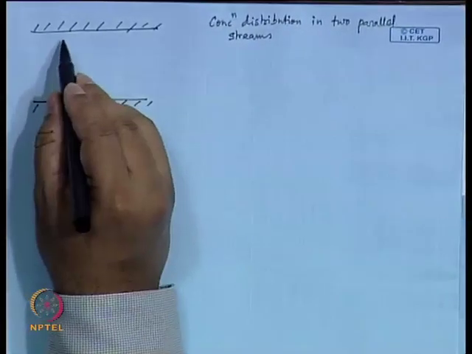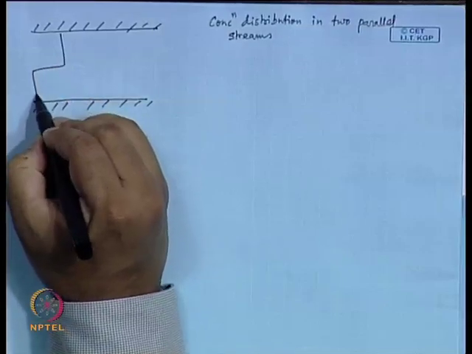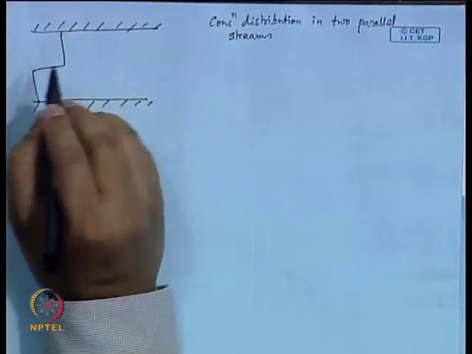Here you have two streams flowing parallelly, and the concentration looks like this.